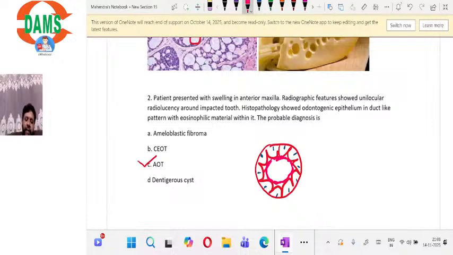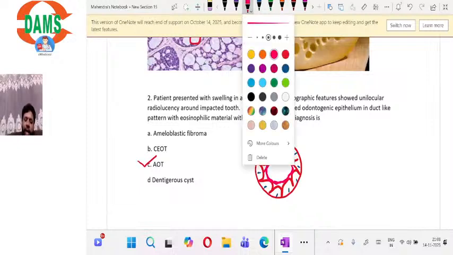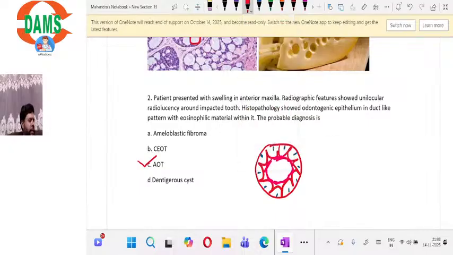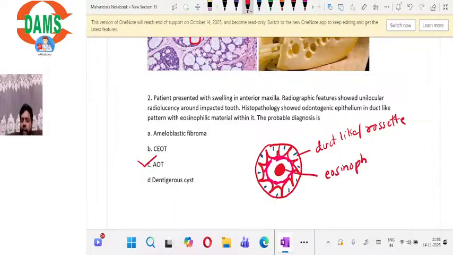Inside the hyaline ring, it will again have some eosinophilic material. So typically a duct-like structure or a rosette with eosinophilic material inside it is characteristic of AOT.